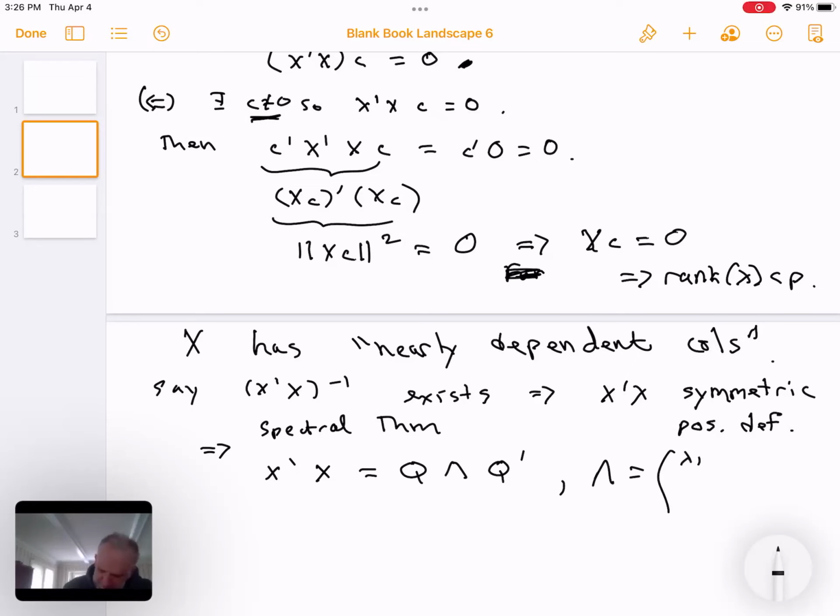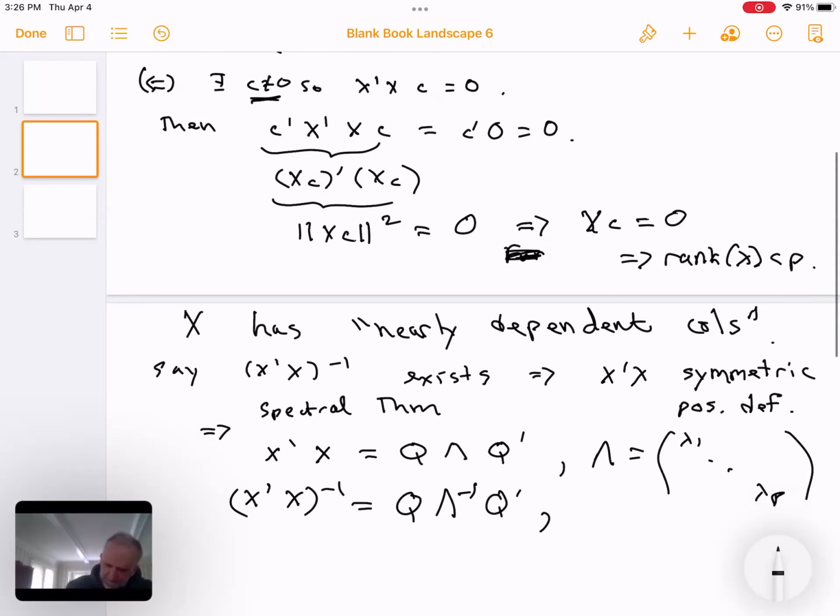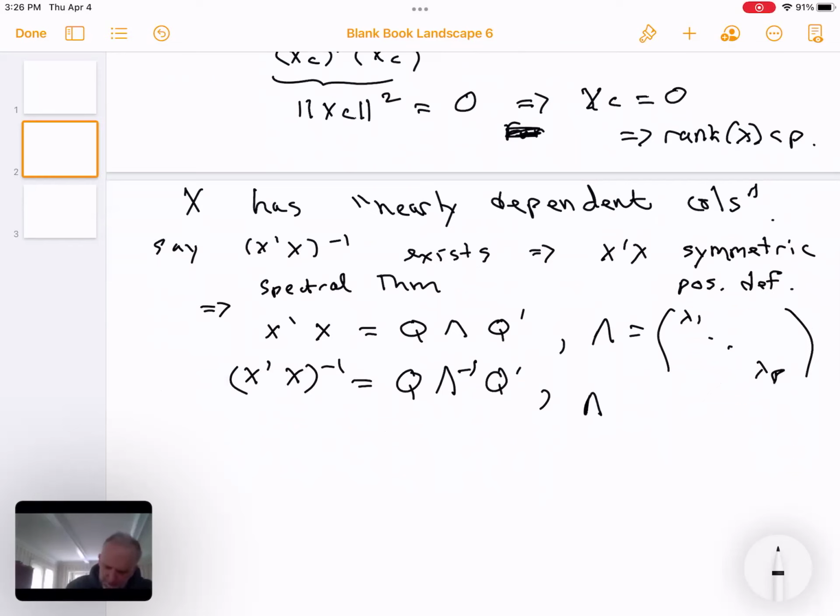I'm not teaching this now, so if you don't know this, it's okay. Just ignore it. And so then X prime X inverse would be equal to the same eigenvectors, with lambda inverted: 1 over lambda 1, through 1 over lambda p. And this is the one we care about.